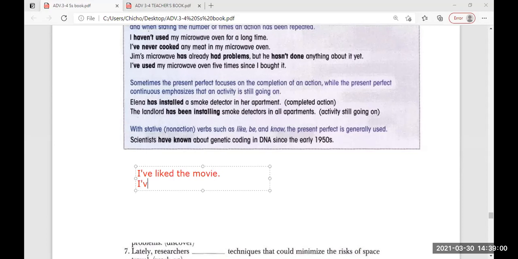I've been liking the movie. For example, we can't use the stative verbs in continuous tenses. I've been liking the movie. No podríamos decir ni en el presente continuo, ni en el pasado continuo, futuro continuo o cualquier tiempo continuo. Los stative verbs no se utilizan para los tiempos continuos. ¿Ok? Pero sí lo podemos utilizar para el presente perfecto. Me ha gustado la película. ¿Ok?